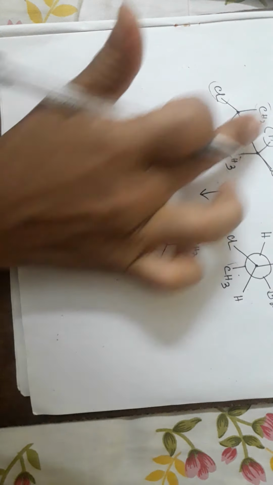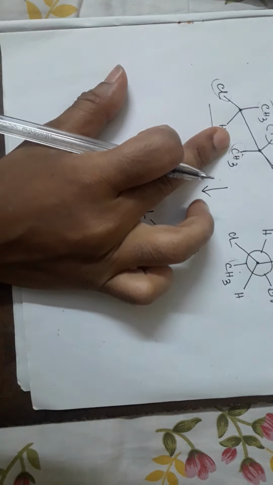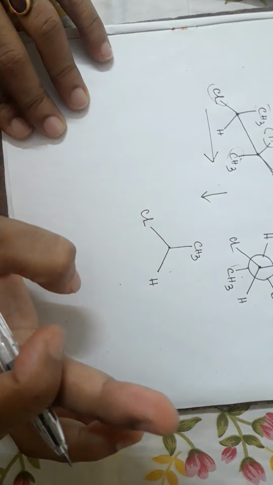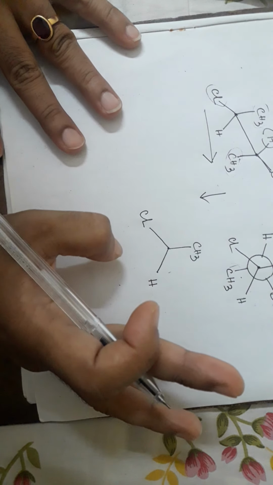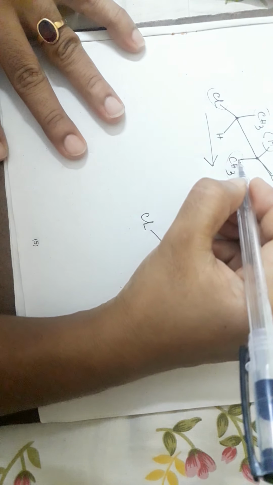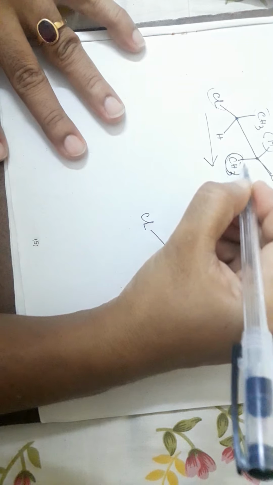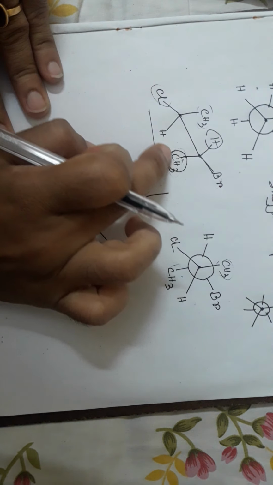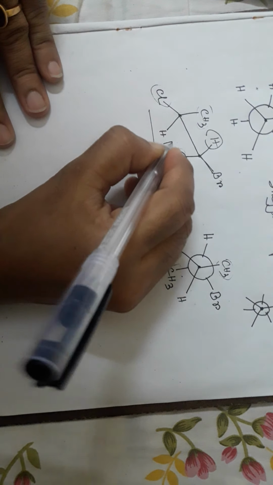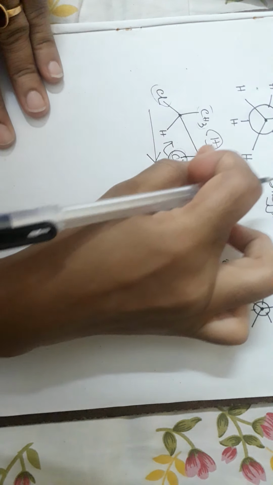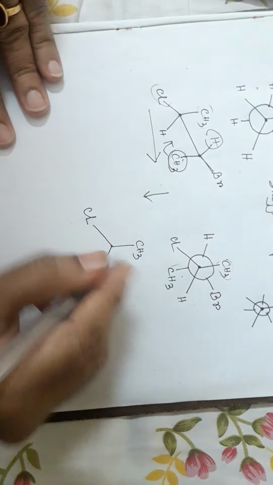here, right? So now what to do? If we want to draw it at fully eclipsed, then what we need to do? We will bring this CH3 group just behind this CH3. So take it and position it here.